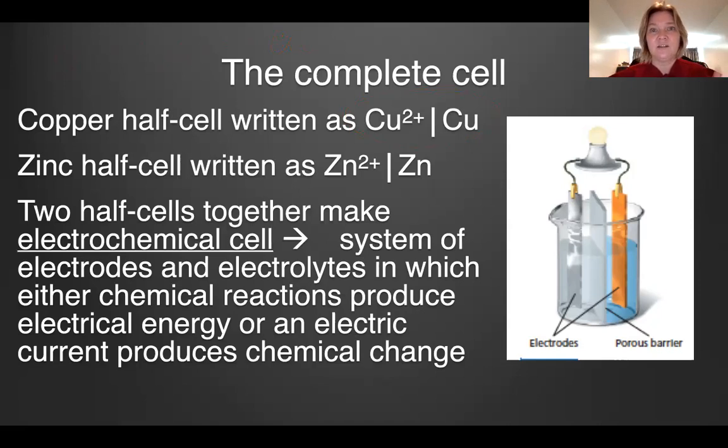Voltaic cells take chemical energy and turn it into electrical energy. These are batteries. Electrolytic cells use electrical energy to produce chemical change. This is like rechargeable batteries: when a voltaic cell runs out of chemical energy, you put it in your charger and plug it into the wall, and then it becomes an electrolytic cell. But we'll get into that later.